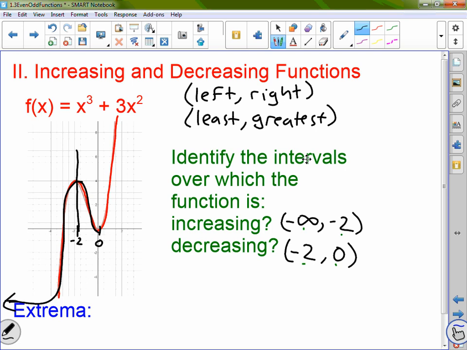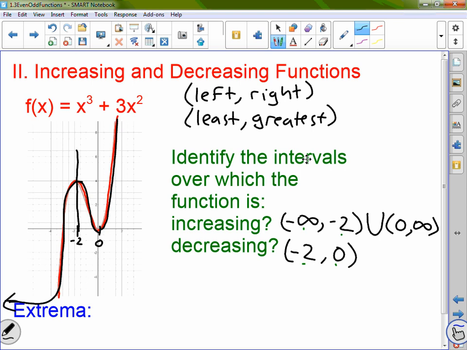And then we can say that it's increasing again. We don't connect it with a comma, though. We connect with a symbol that looks like a U, which means union. So it looks like we are increasing again from 0 all the way on forever. So we'll say 0 to infinity. So that's how we calculate our increasing and decreasing.